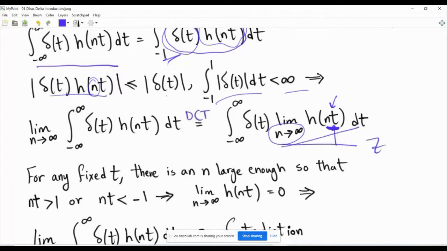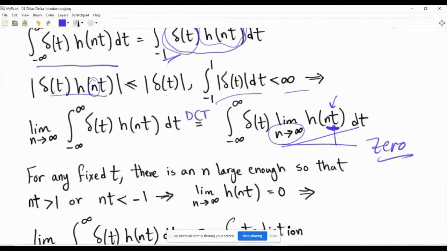Okay, so this will be 0. Again, because you fix a t. If t is equal to 0, that's a set of measure 0. That's just one point. If t is positive, then you can find a natural number n large enough such that nt is greater than 1, and hence h of nt is 0.